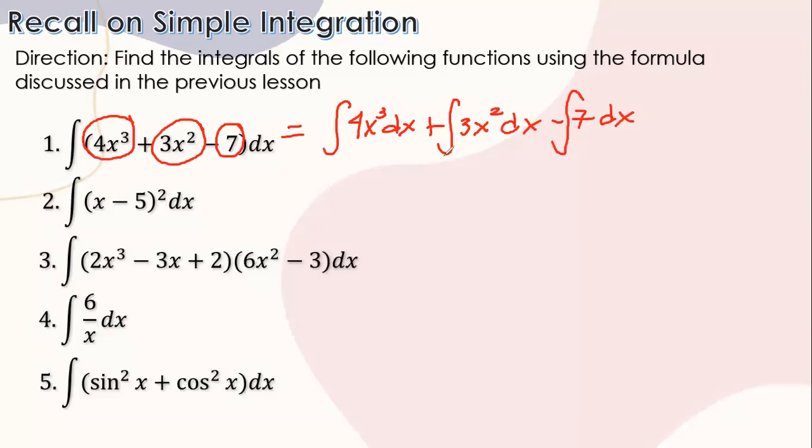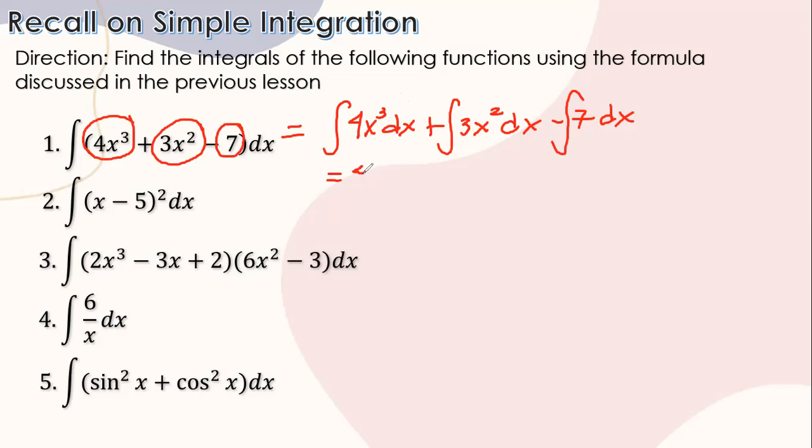For each term, let's get the integral. Again, when we have an exponent on x, we add 1, and whatever the new exponent is, we also put it in the denominator.